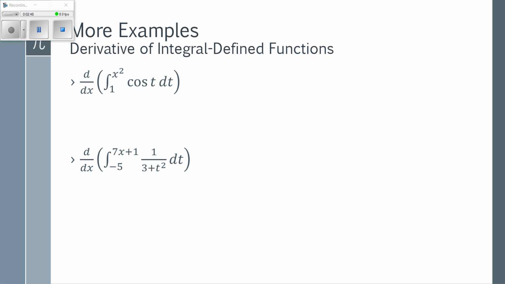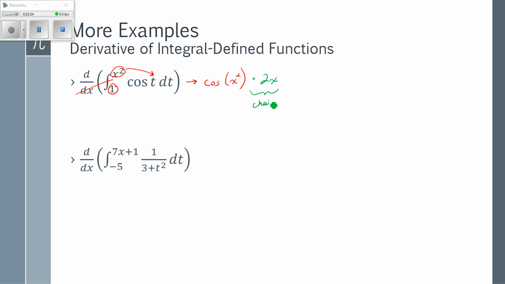Slightly more complex examples. Notice it's not just an x in the upper bound, I have an x squared and a 7x plus 1, but constant lower bound, x squared is in the upper bound, so the derivative cancels the integral. Upper bound replaces my dummy variable, so I have the cosine of x squared, but x squared itself is a function, so I then need to do the chain rule on x squared.